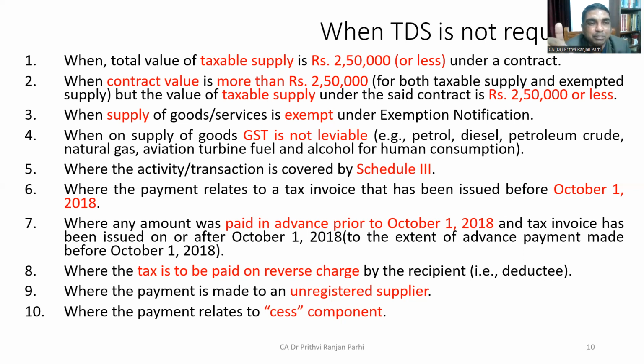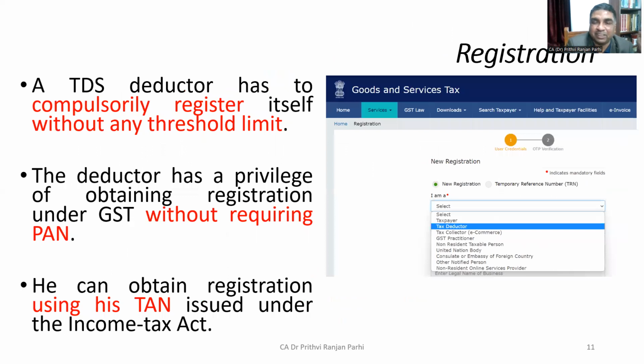When the recipient is paying tax on behalf of the supplier under RCM, TDS is not required to be deducted. And next, where payment is made to an unregistered supplier, TDS is not required to be deducted. And where payment relates to the cess component, here also TDS is not required to be deducted. You can have a look at these 10 points where TDS is not required to be deducted.